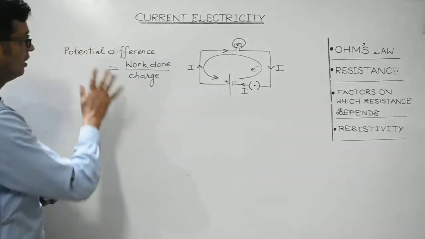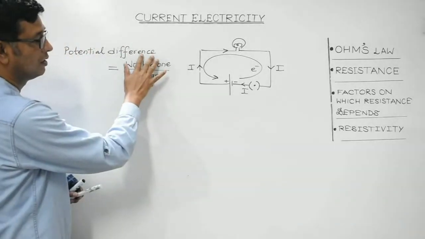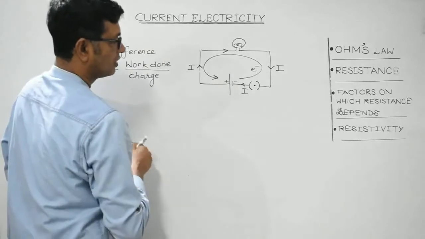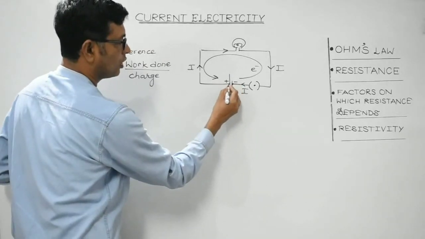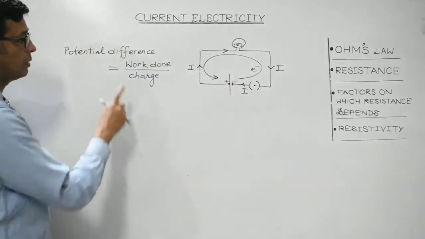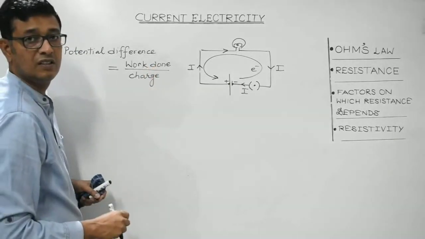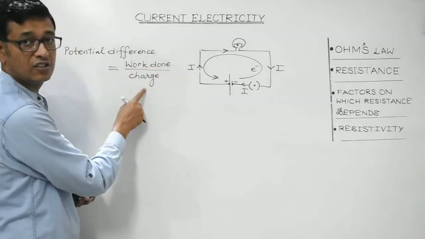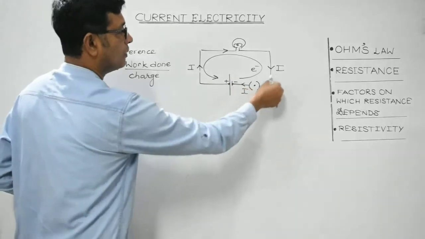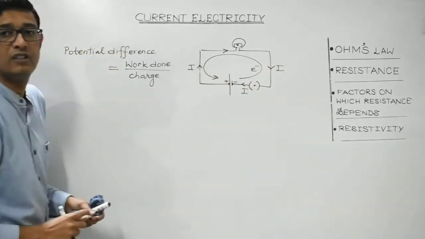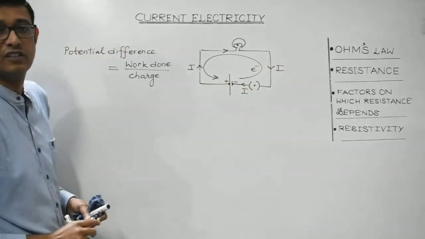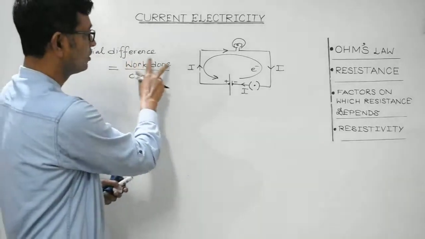So look students, potential difference between any 2 points, suppose these are the 2 points I am talking about. Potential difference between these 2 points may be defined as work done per unit charge in moving this charge from one point to another point. That is potential difference, right? And who performs this work?